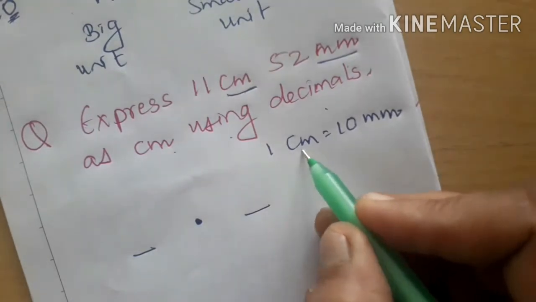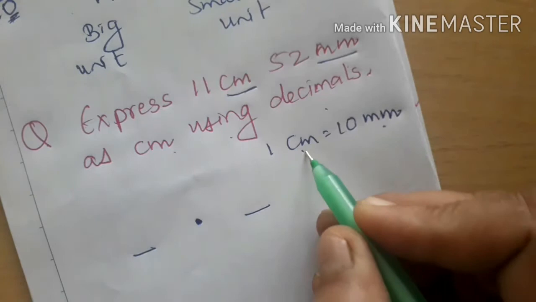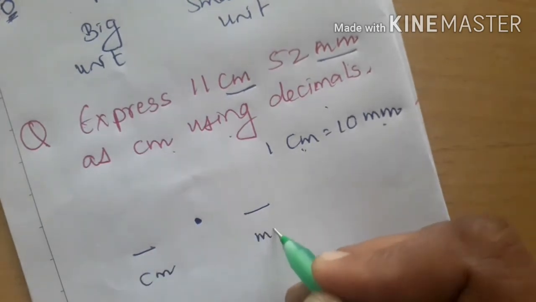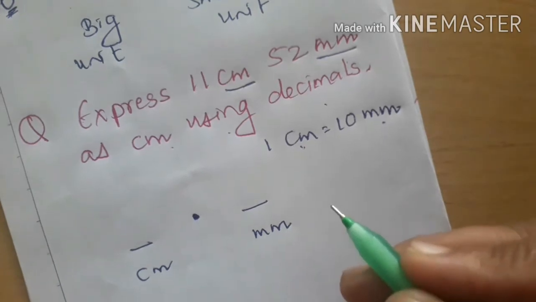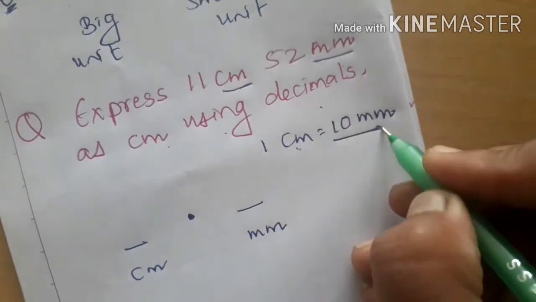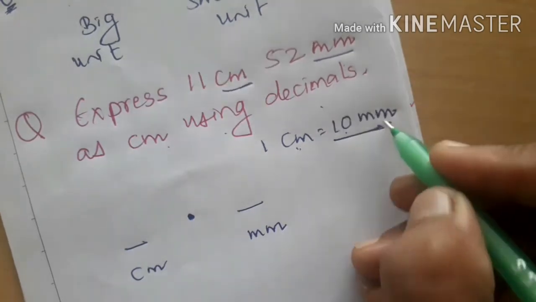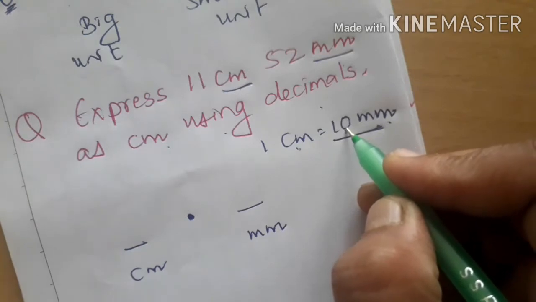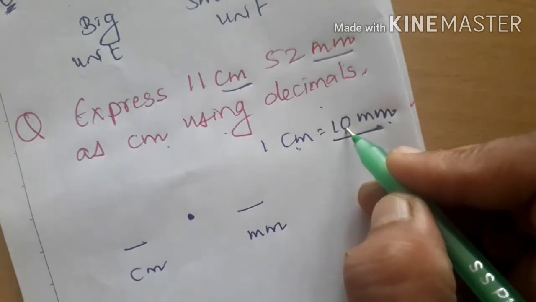So among centimeter and millimeter, centimeter is the bigger unit, so here I should write centimeter and here I should write millimeters. And again I should know that when it comes to millimeter, 10 millimeters, in 10 there is only one zero, so after decimal point I should have only one digit.